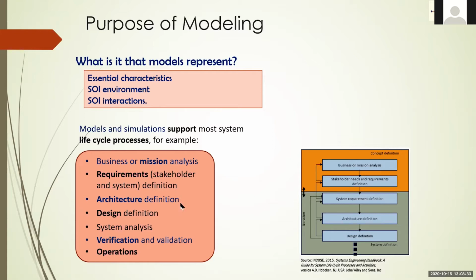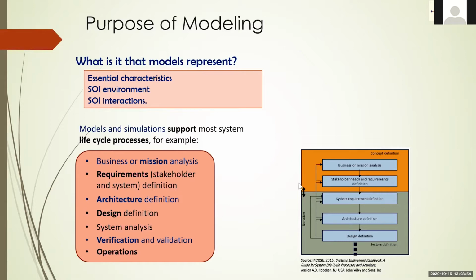We can also use models to define the architecture and use some of those frameworks for architecture and the different views that you need to generate for architecture. We can use it to do system analysis and help us on the verification and validation, okay?